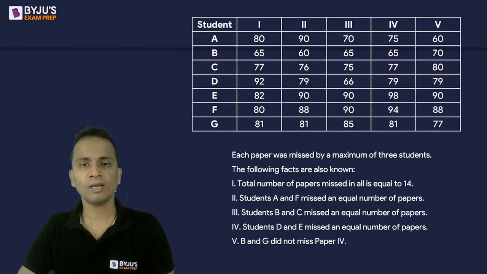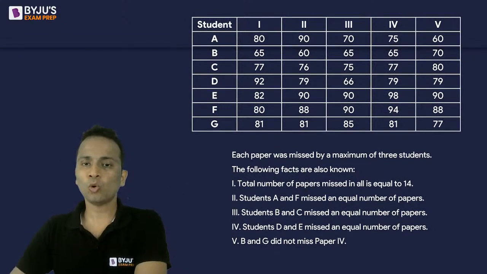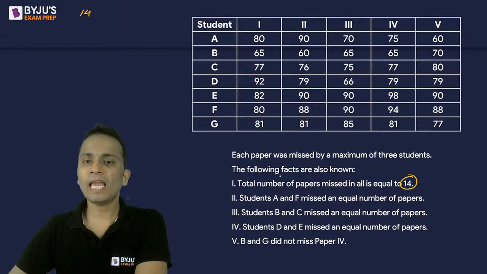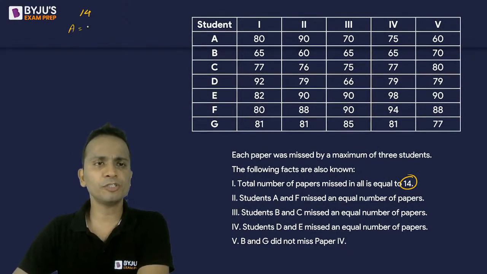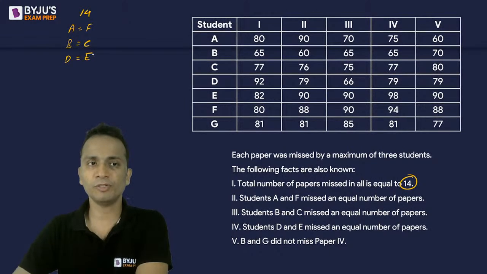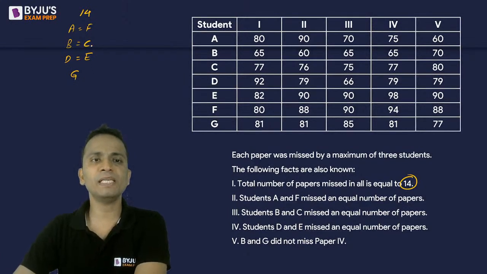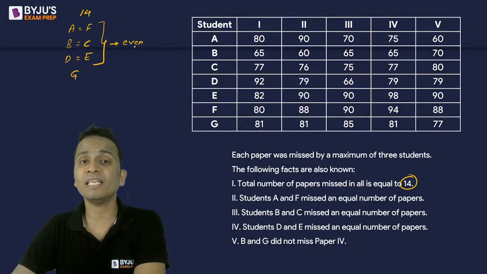All right. The total number of papers that were missed was 14. A and F missed an equal number of papers, B and C missed an equal number of papers, D and E missed an equal number of papers. The last person left is G. Since these are pairs with equal numbers, among these six people the number of papers missed must be an even number.